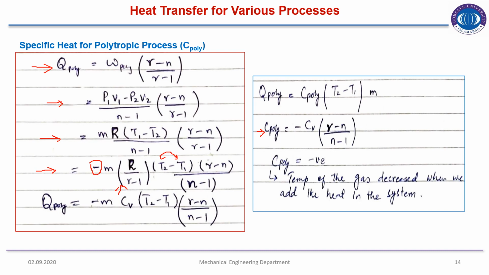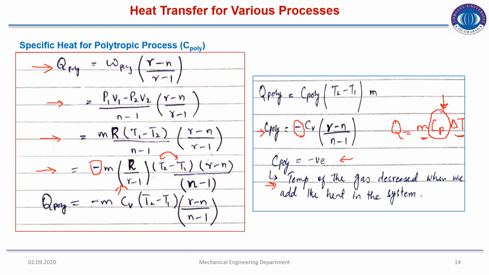As you know that Q is equal to mCp dT. M is positive. Heat always travels from high temperature to low temperature, so this factor is the deciding factor. Now as there is a minus sign, the value of C poly is negative.